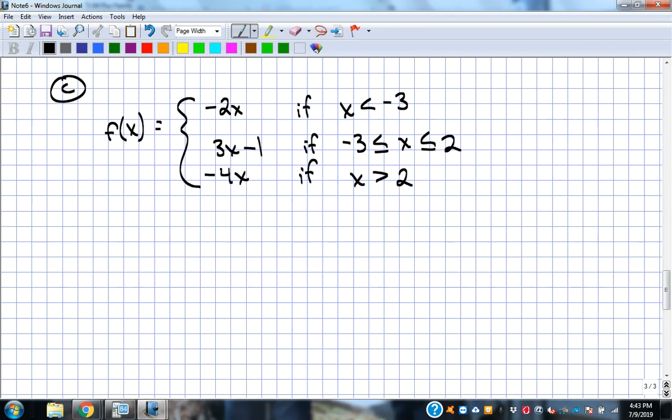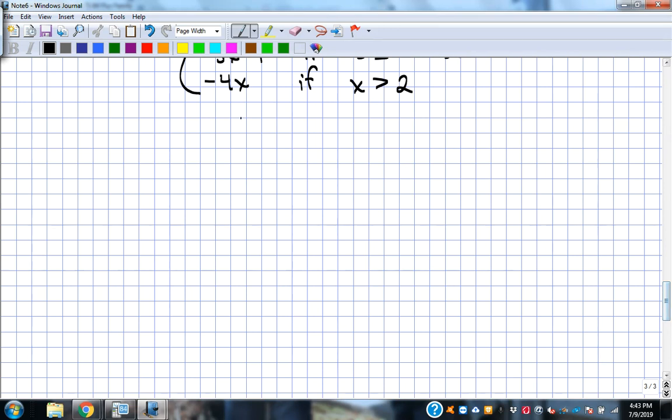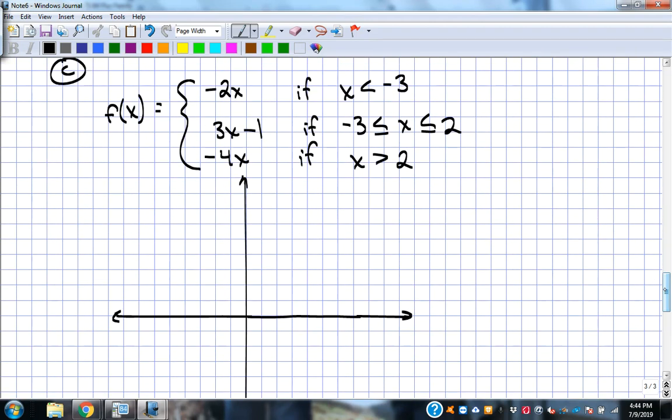So first thing that I would do is just start with the coordinate plane and start with that first piece and get the important point for it. So the first piece, the x value that is important is -3. So when I plug -3 into this first piece, that's going to be -3 times -2, which is +6.